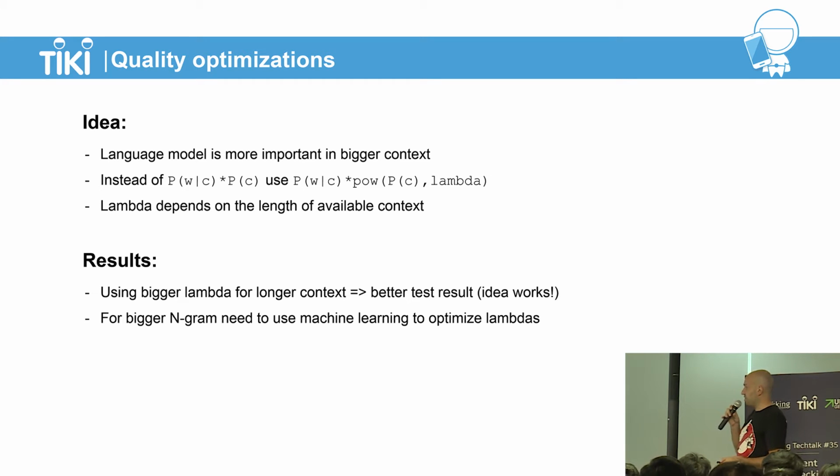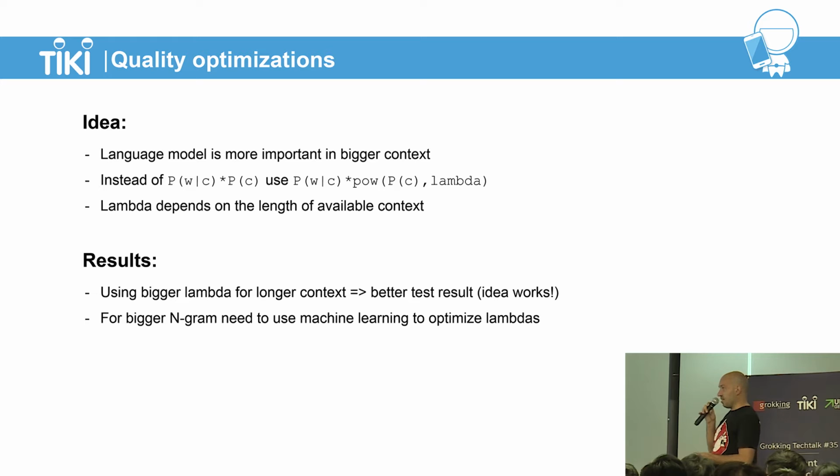But in the end, we saw that if we pick lambda a little bit bigger than 1 for longer context and just 1 for shorter context, then we have a little bit better results in our tests. So our idea worked. This is just a simple slide about what we did to optimize the quality of predictions even further.